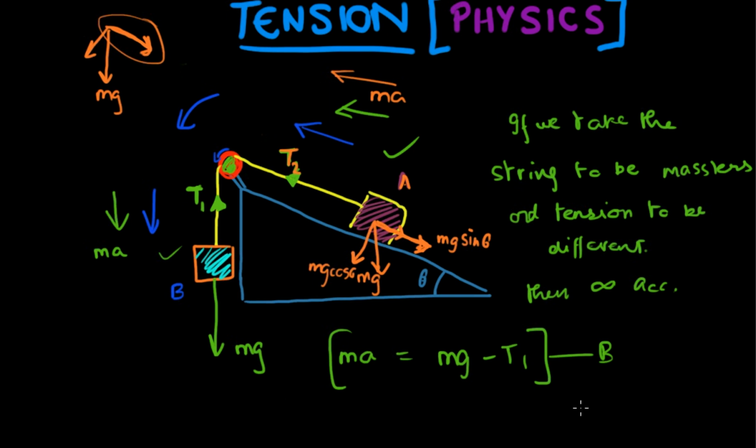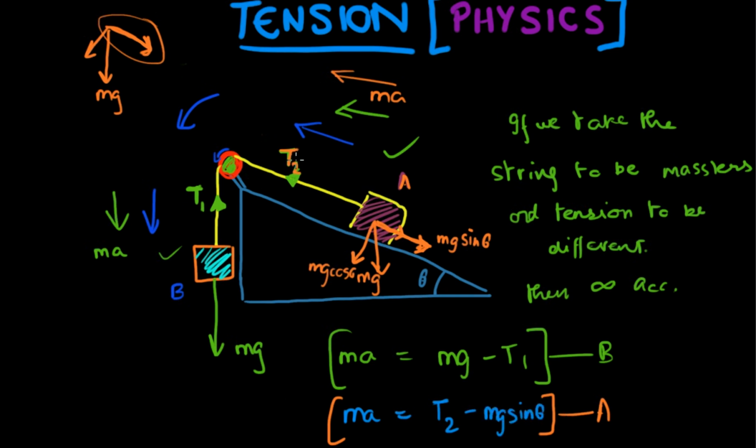So for A, let's see what we can write. mA is accelerating over there, and T2 is over there, and mg sine theta is over here. So you may have guessed it by now. We'll say that mA is equal to T2 minus mg sine of theta.